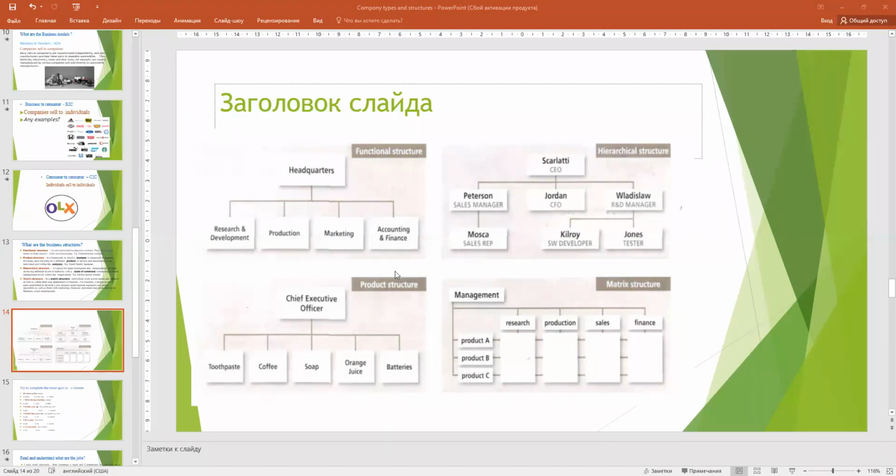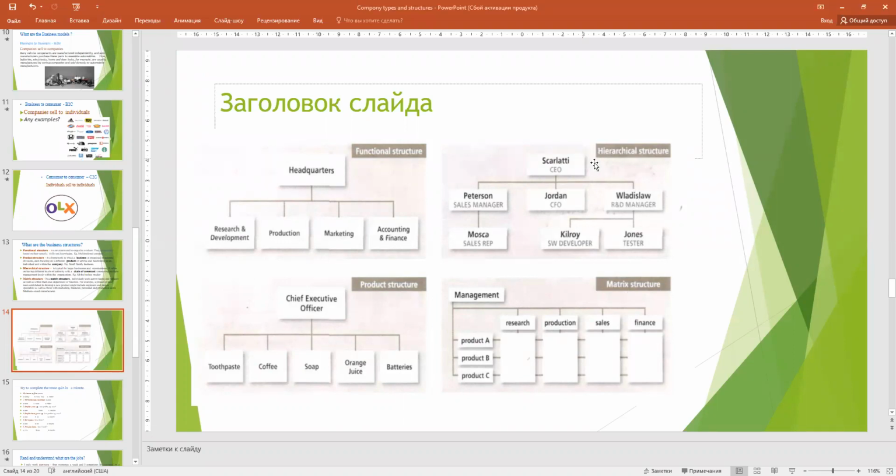For the product structure, the top one is Chief Executive Officer, and they can produce different kinds of products, for example, toothpaste, coffee, soap, orange juice, batteries.